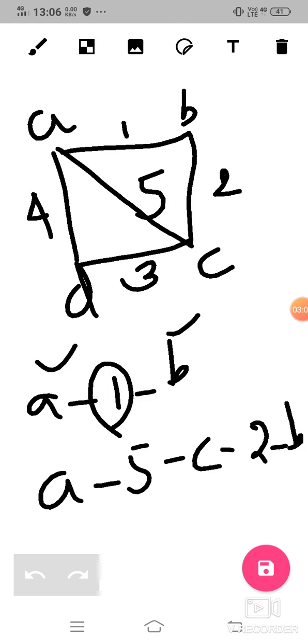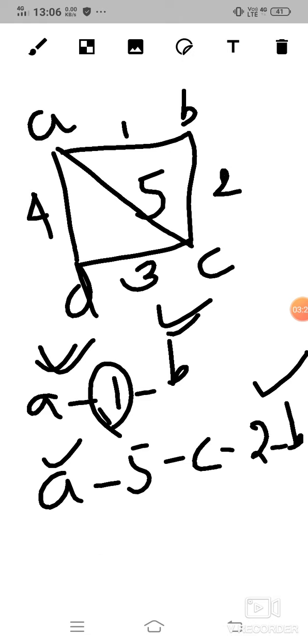So it is clear, a walk is an alternating sequence of points and lines beginning and ending with points. Here you see A and B, and similarly here also you can see A and B, beginning and ending with points such that each line is incident with vi minus 1 and vi. For example, if you consider the line 5, what is the predecessor of line 5?